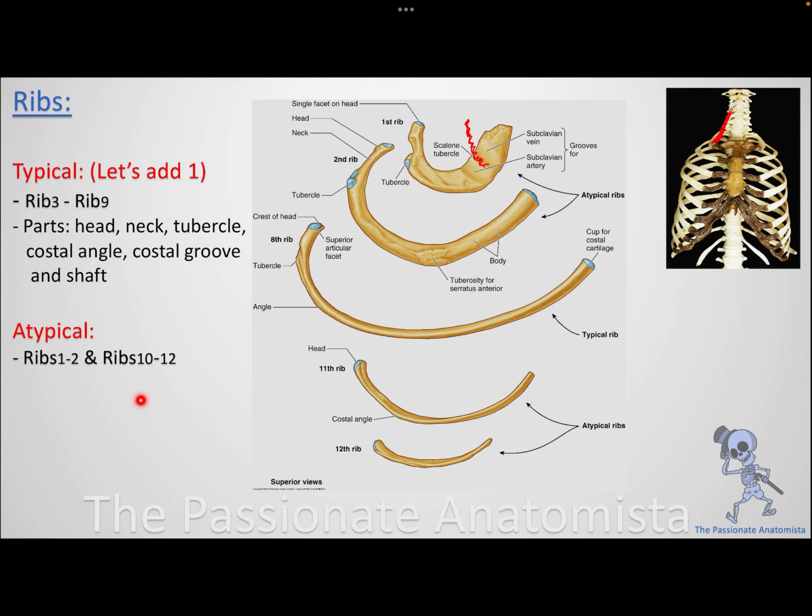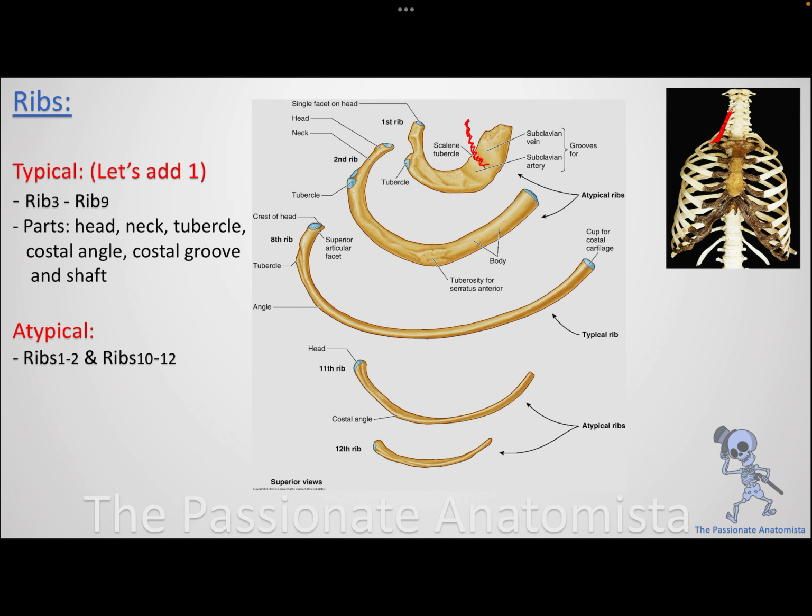We know that it's 12 and 11 and 10, and sometimes we consider 9 as atypical because it would follow the following ribs. So the atypical ones are 1 and 2, and the last three. Number 3 to 9, we will add 1 to the atypical vertebrae, which was the magic number.